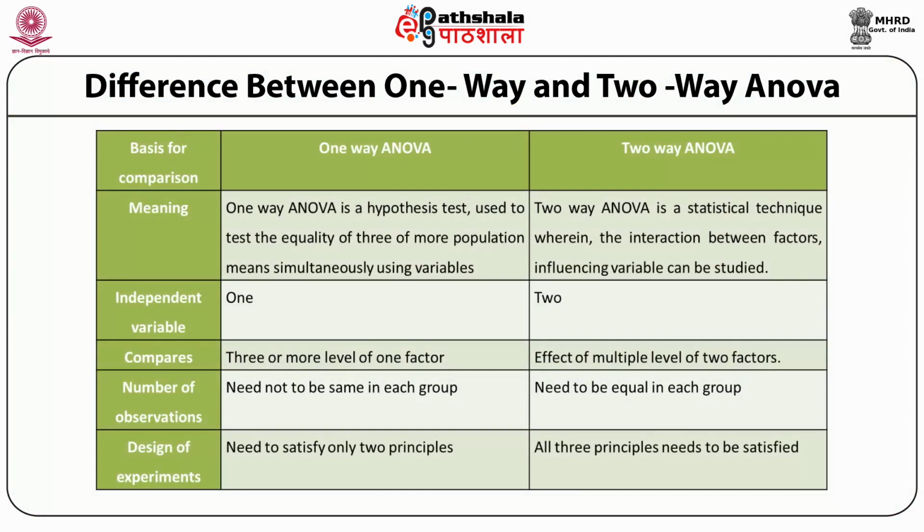Let's see the difference between the one-way ANOVA and two-way ANOVA. While making a comparison, first see how the meaning of one-way ANOVA and two-way ANOVA differs. Now, the one-way ANOVA hypothesis test is used to test the equality of three or more population means simultaneously using variables.